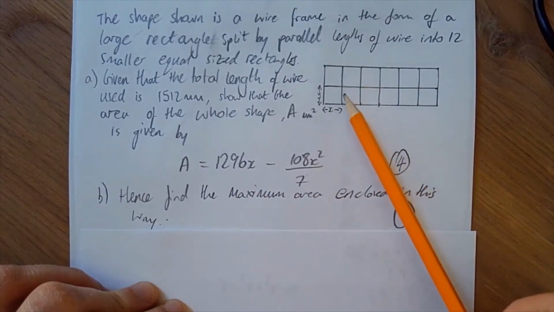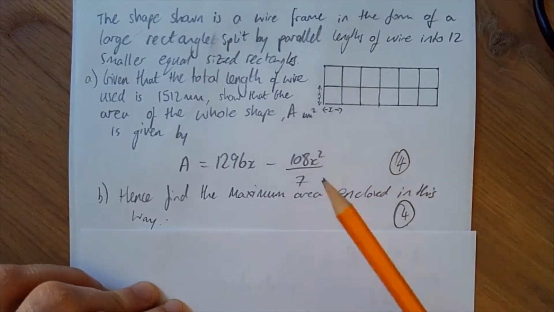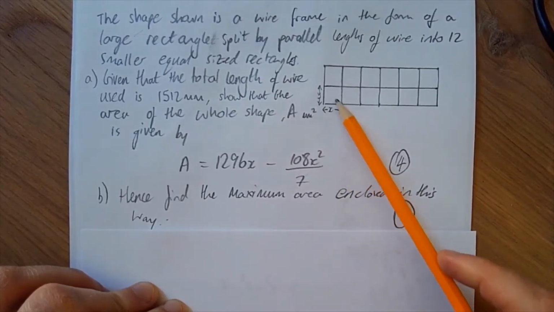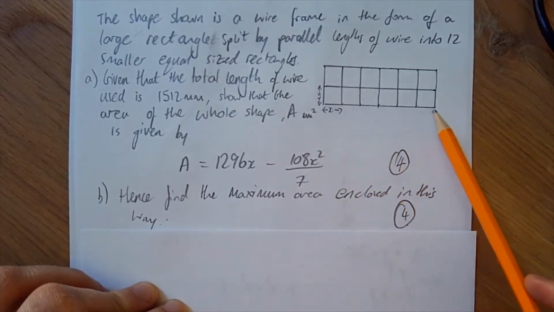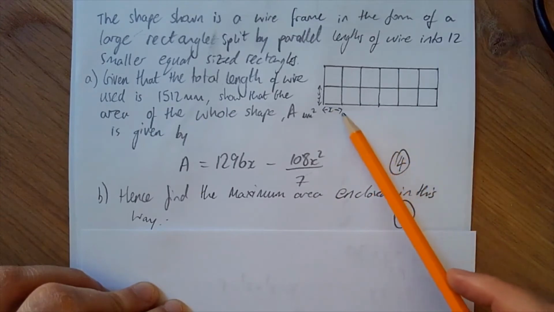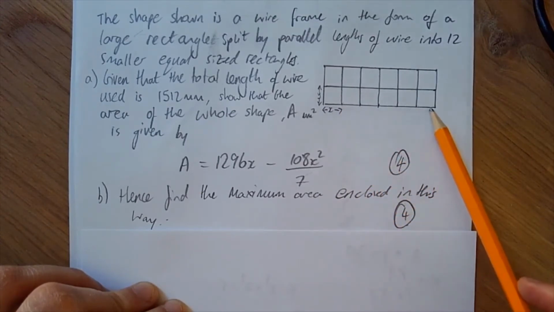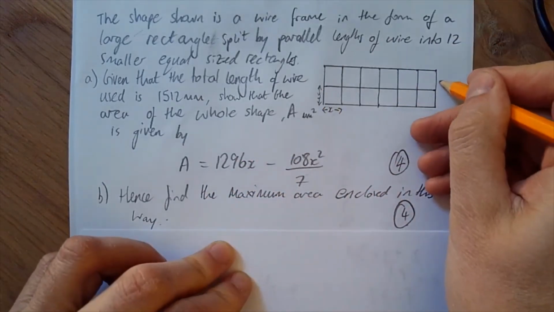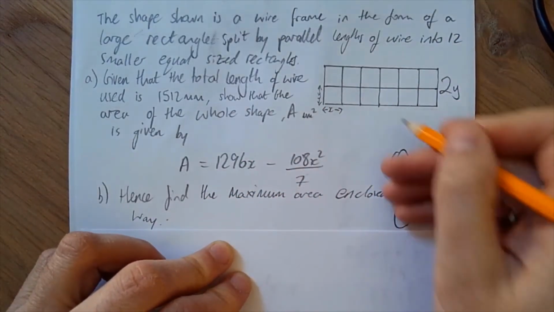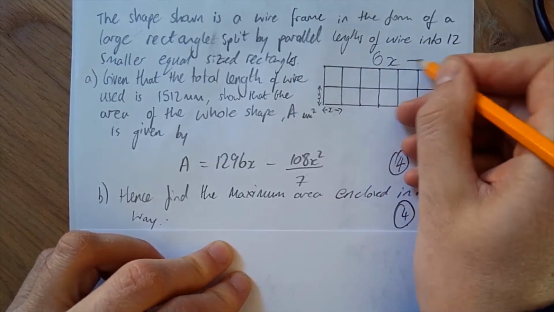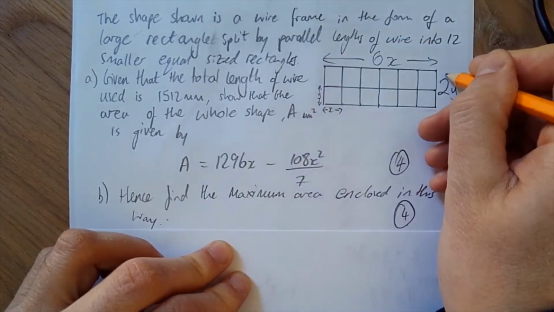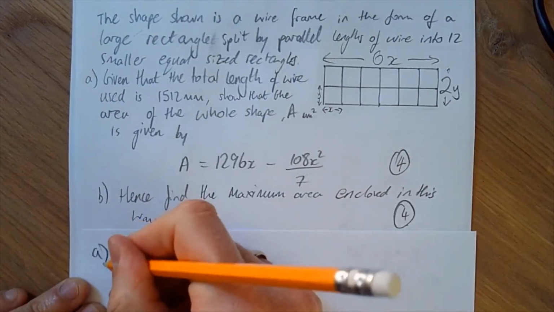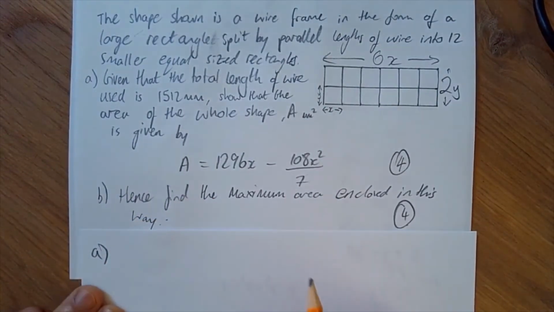So we need to form an expression for the area of the shape. Well, this whole shape is one big rectangle. Along here we've got 6 small squares, so we've got 6 x's going along here, and up here we've got 2y. So I'm going to write next to my sketch 2y there and 6x there. So I can already see one way of writing down the area of that whole rectangle.